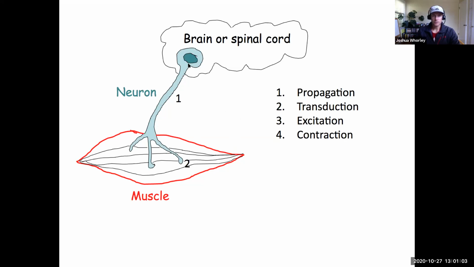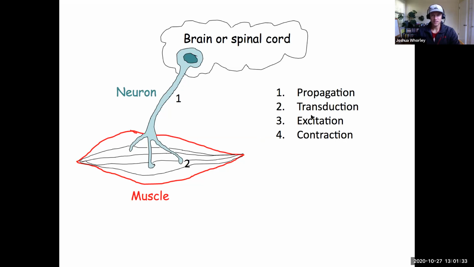Second, once we propagate this signal from the cell body down to the endpoints here, we have to then get that signal from this neuron to this muscle cell. That involves a process called transduction, where we change this electrical signal into a chemical signal so that it can traverse the extracellular space between the neuron and the muscle. And then we'll talk about excitation.